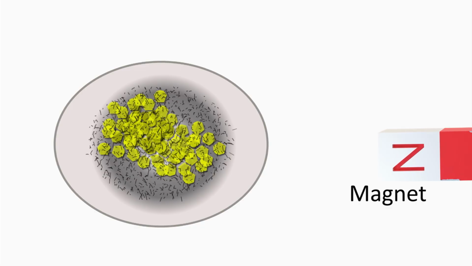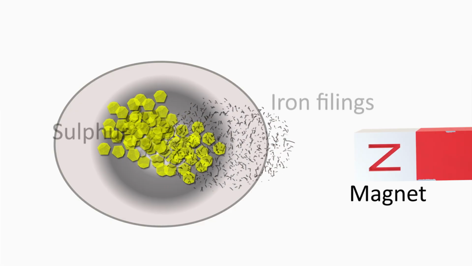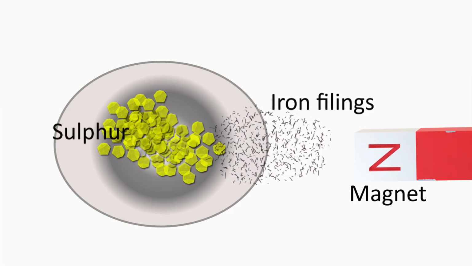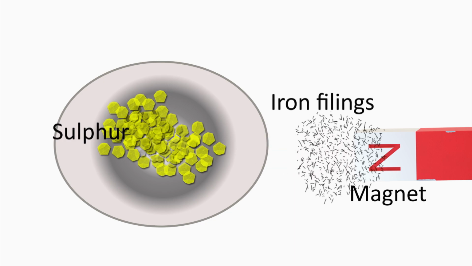And if you're looking, you will see something interesting happening here. The magnet is picking up all the iron from the mixture, all right? And you can see it on the magnet. Do you see that?